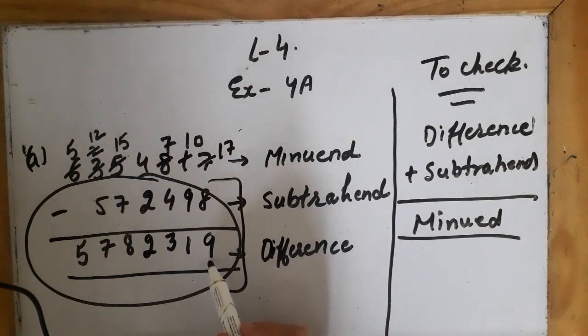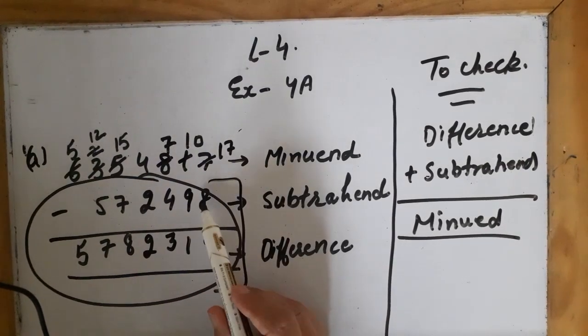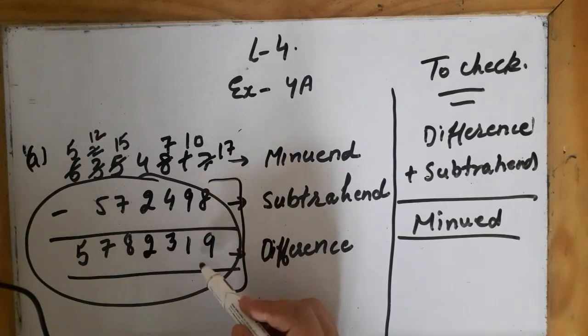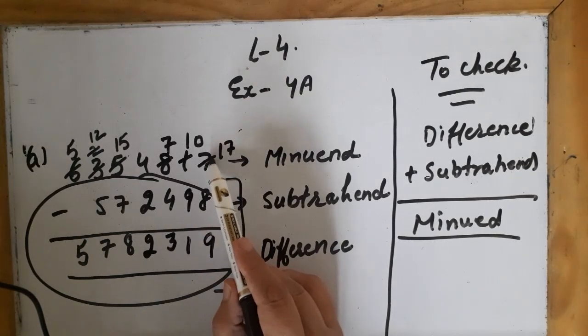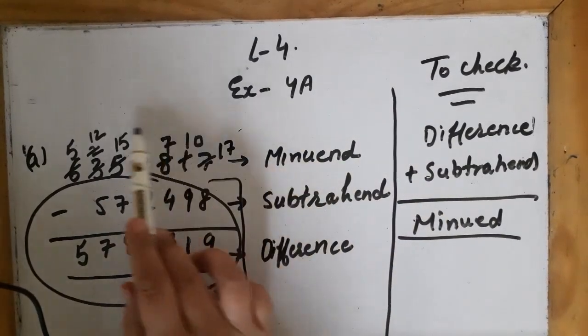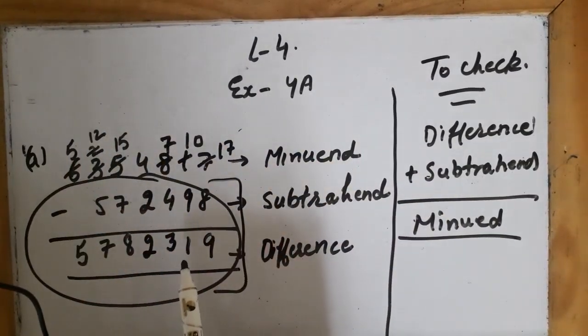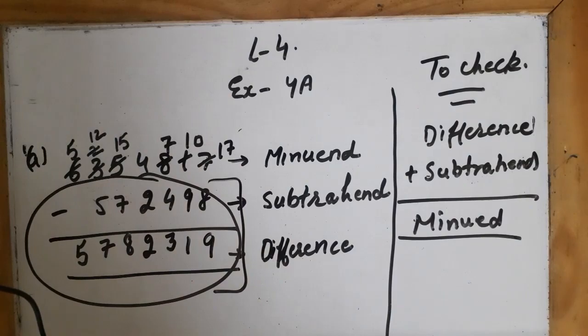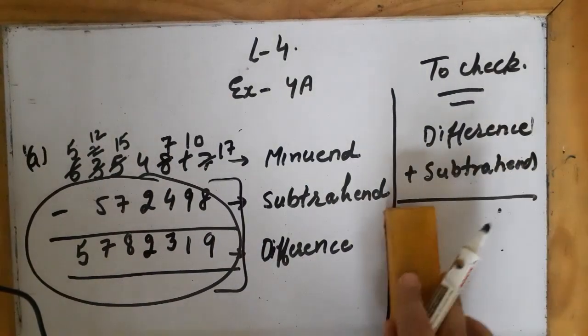So I will add the difference which I have taken out and the smaller number, that is the subtrahend, and when I add them together, I should get the number minuend. If I don't get the same number, it means my answer was incorrect. Now let me do it.